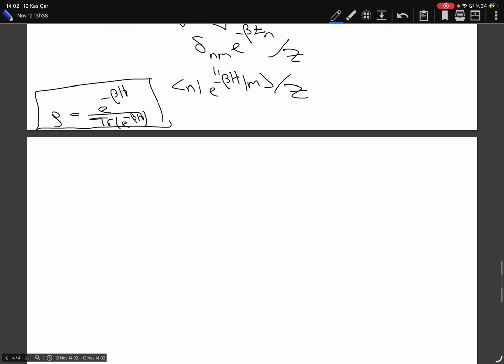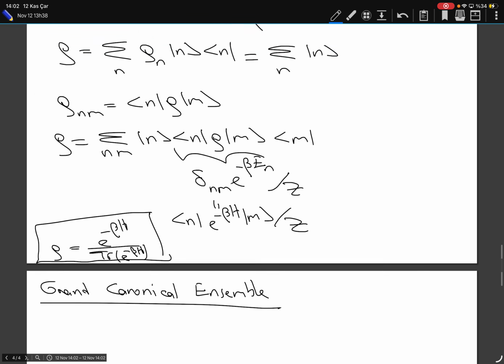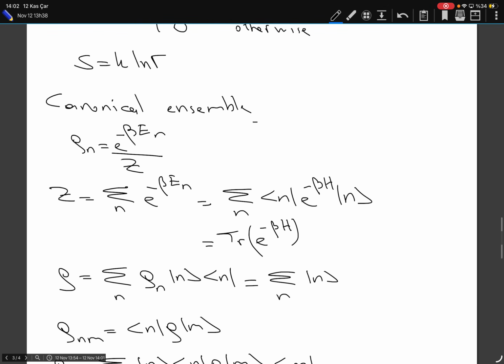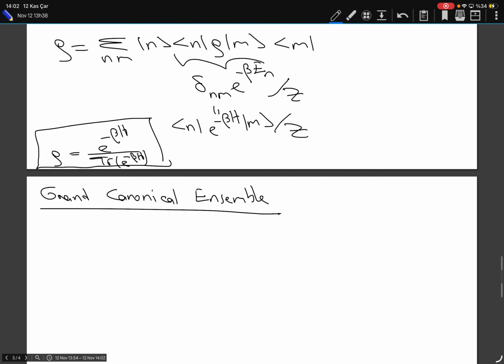And finally, let me write the grand canonical ensemble. Basically, it will be the same treatment as this canonical ensemble. And rho in that case will be e to power minus beta (h minus mu n) over trace of e to power minus beta (h minus mu n).